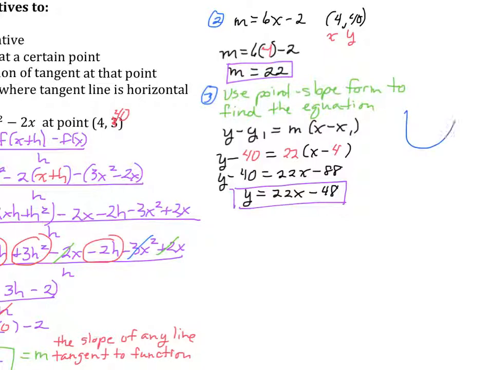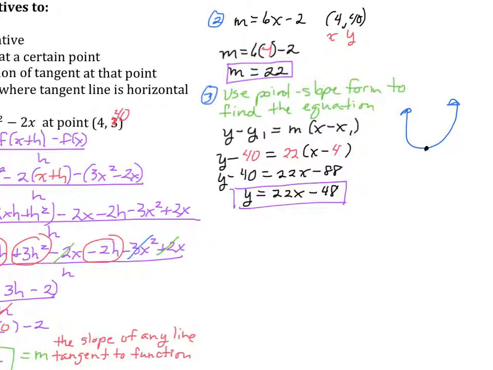So if this is the equation of my parabola, where would my tangent line be to make that slope horizontal? What is a horizontal slope anyway? 0. Where is a horizontal slope always on a curve? Yep, right there at the vertex, and we talked about that yesterday.